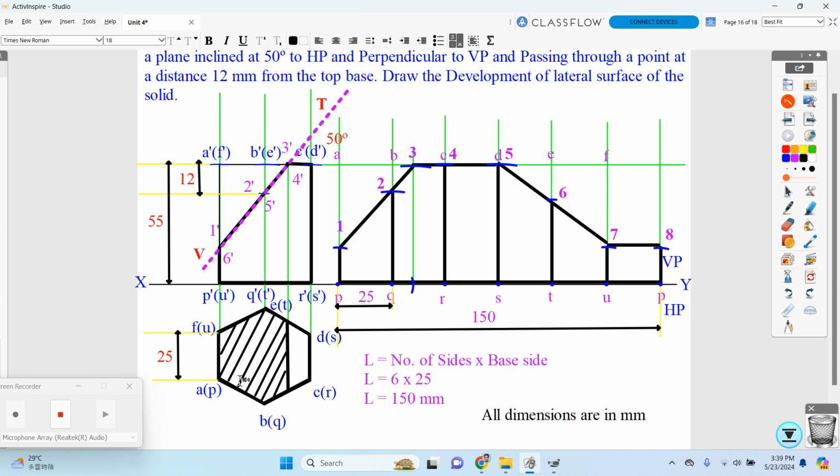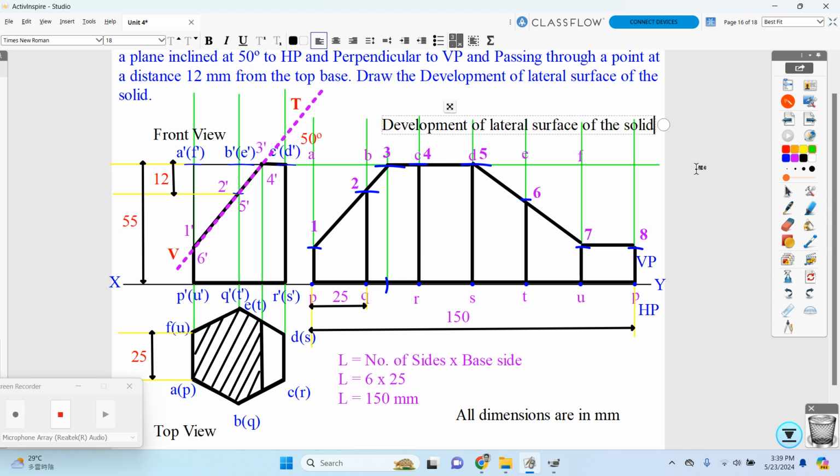For that you can mention over here the top view, and over here the front view, and on the other the development view, or development of lateral surface of the solid.